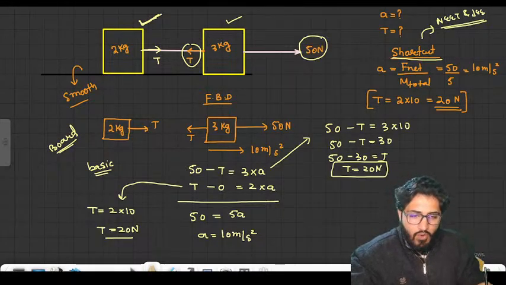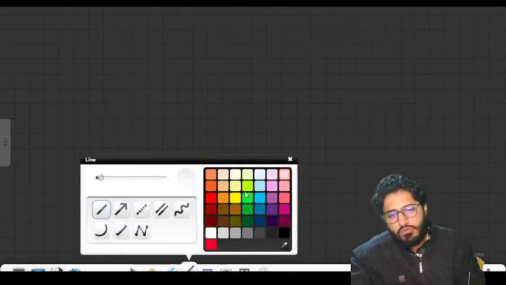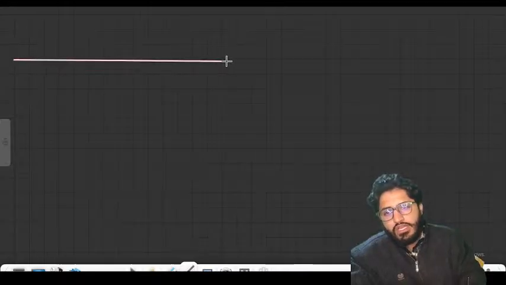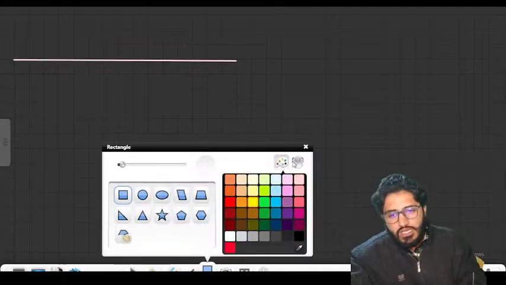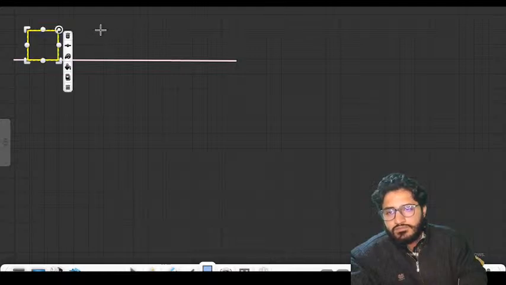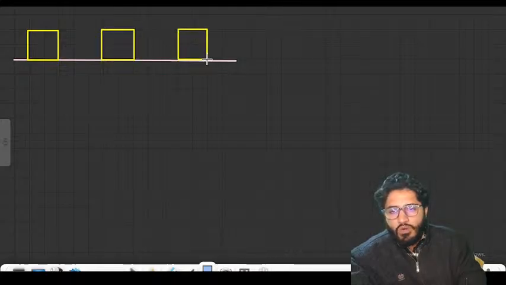Okay, let us do a more complicated numerical now. More complicated means this numerical has more than two boxes. More than two boxes, right? One in this way, one in this way, one in this way.